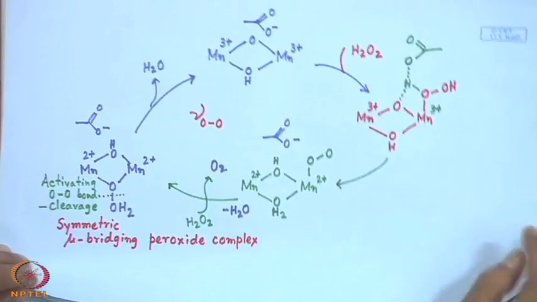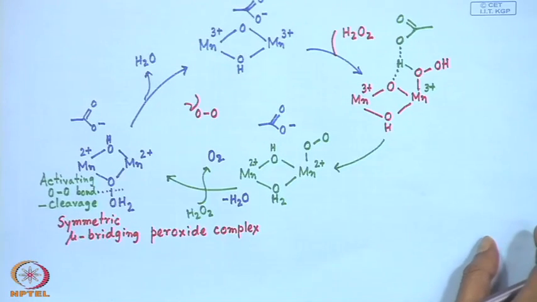So, in a different sorts of binding of this hydrogen peroxide can ultimately lead to the corresponding reaction for catalase activity. So, this is the one part, that means the corresponding redox reactions we are talking about.